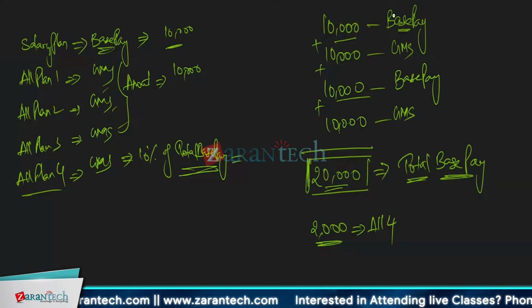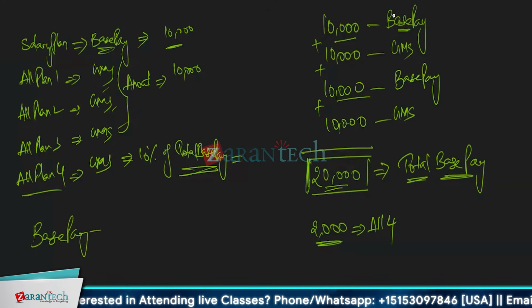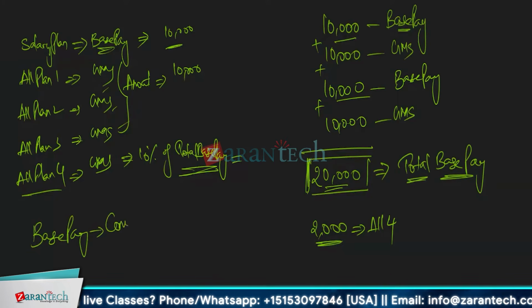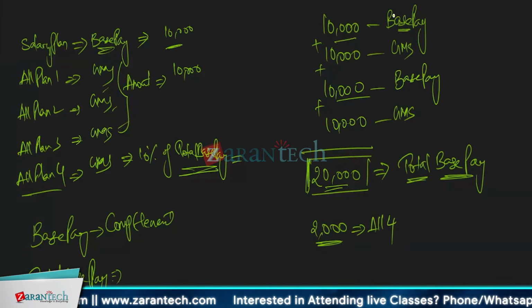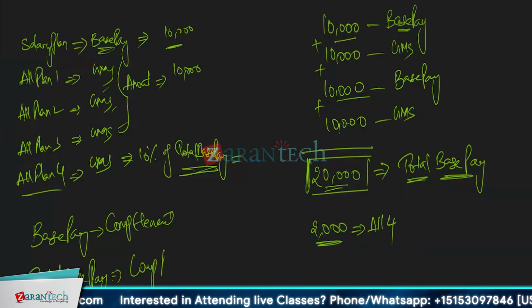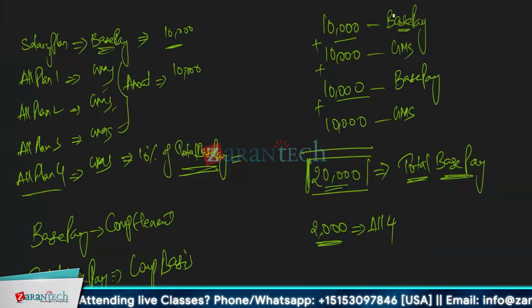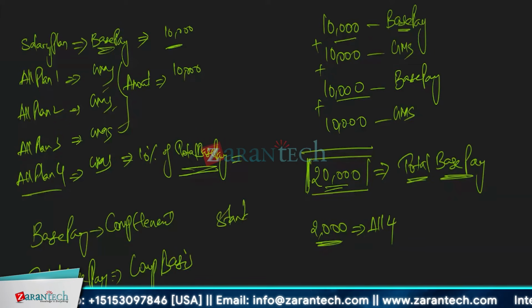All right. So that is base pay. This is the delivered comp element. Total base pay. This is delivered comp basis. And you have standard base pay.